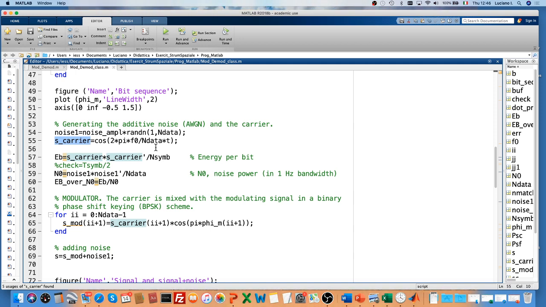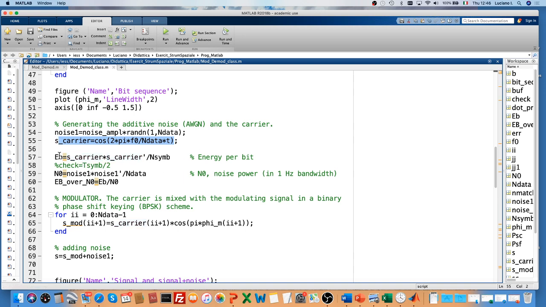I'm dealing with a digital system, so t is the index of the sample, and you see I have to divide t by n data in order to obtain the carrier. And we will see what is the shape of the carrier. You can go through this equation by yourself. It's not complicated.